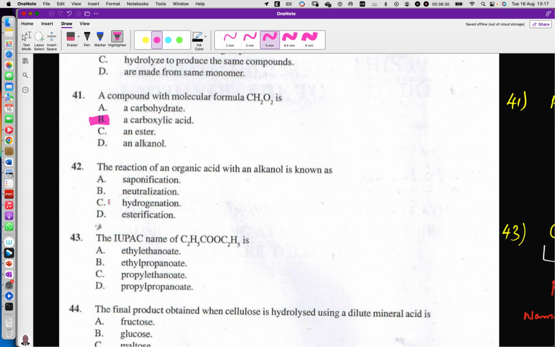When an acid reacts with an alkanol or an alcohol, the carboxylic acid group reacts with the OH group of the alcohol.